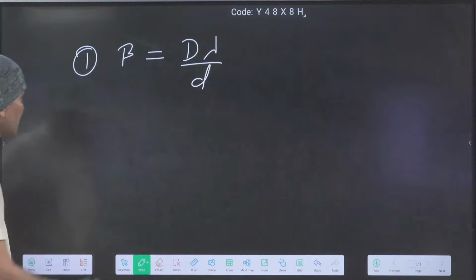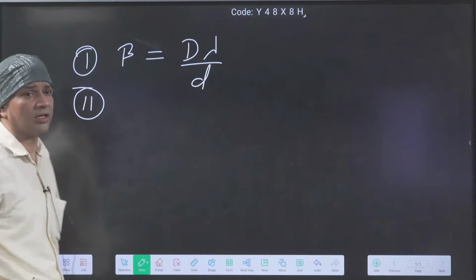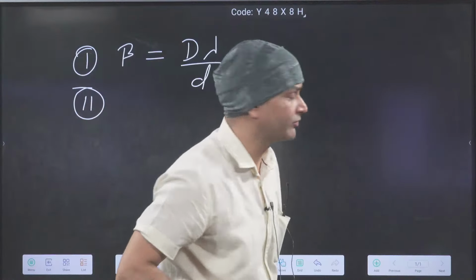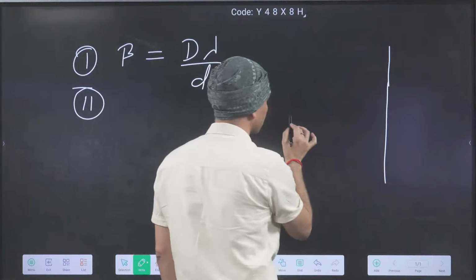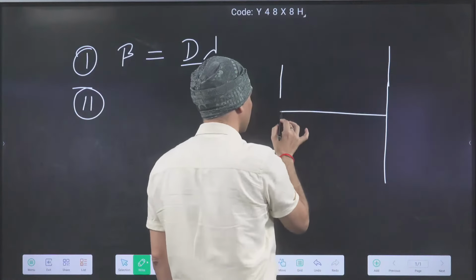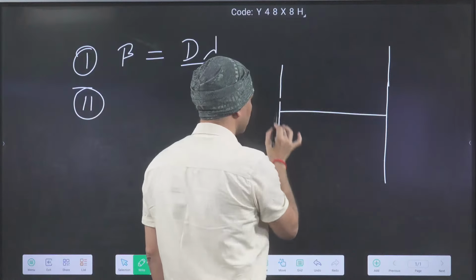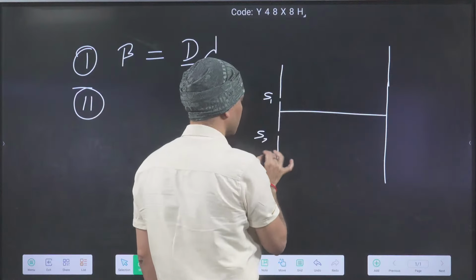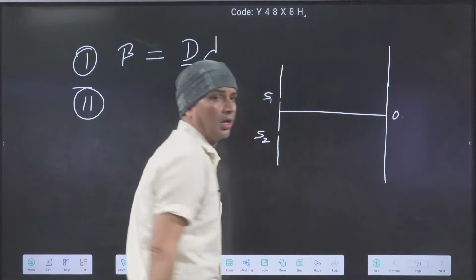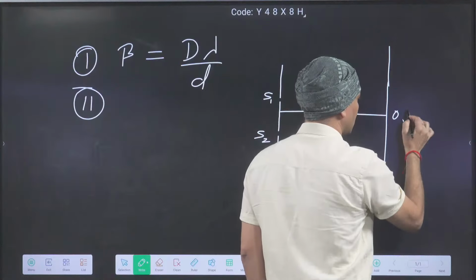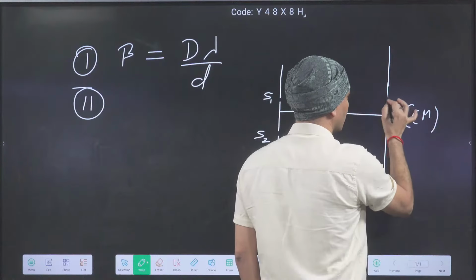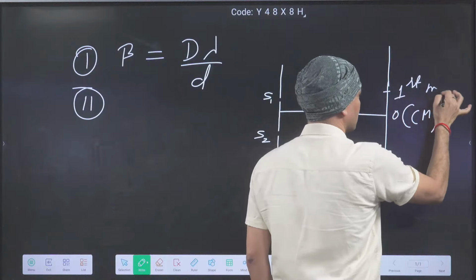Second thing, angular fringe width. Angular fringe width is what? This is the central maxima, and suppose here is the first maxima.